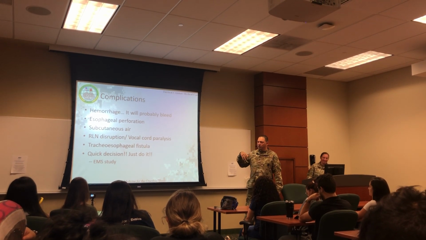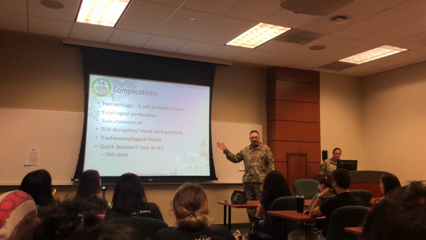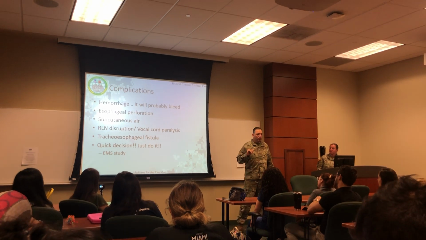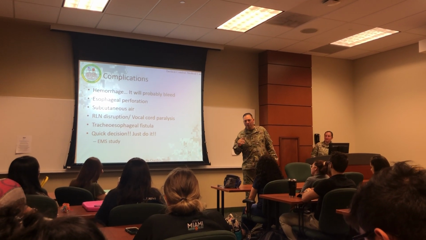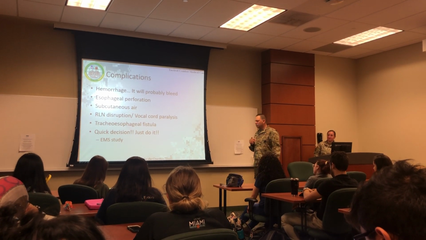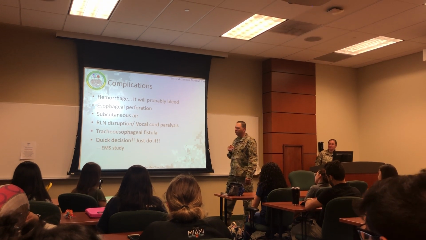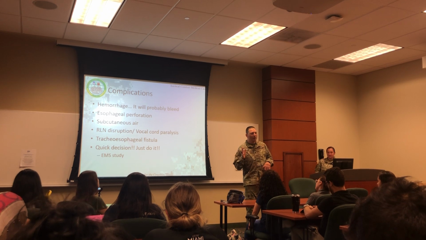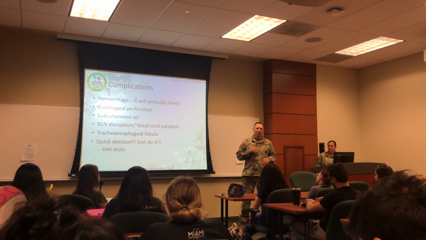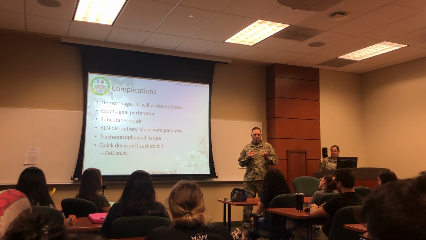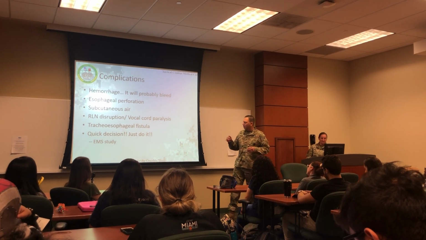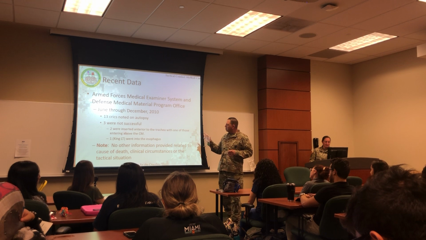There's a possibility if you're not doing it correctly that you could damage that person's vocal cords, okay? You could permanently damage their vocal cords, and if you're not doing the incision correctly with the scalpel, you can accidentally cut that person's carotid artery or the jugular, right? All right? Quick decision, just do it, right?